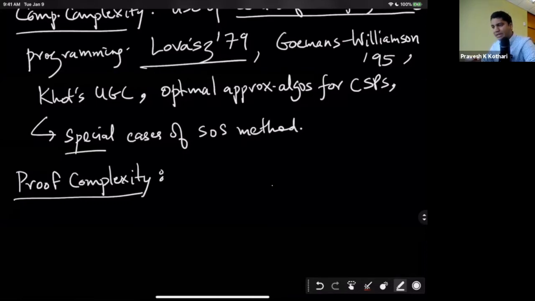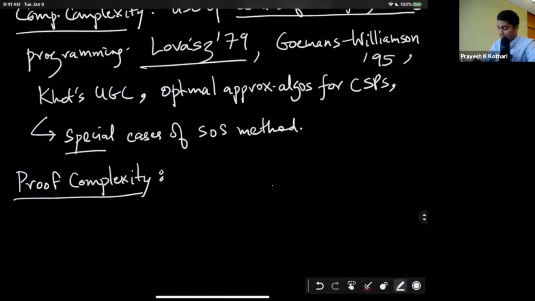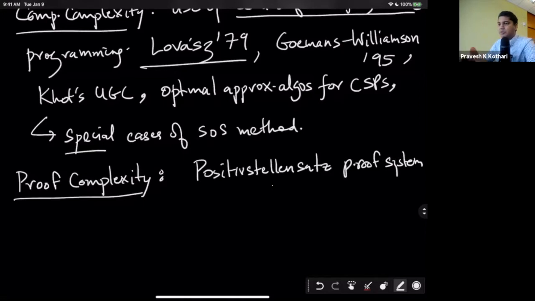So in proof complexity, as I said, we are interested in finding out how complicated proofs are for proving certain NP statements. And in that domain, people invented what is called the Positivstellensatz proof system, which turns out to be basically the sum of squares method in its non-algorithmic incarnation.